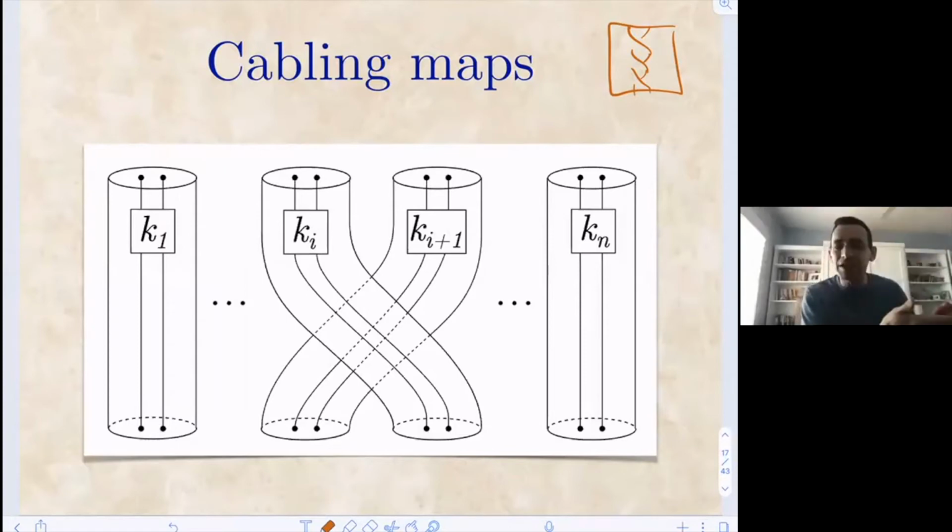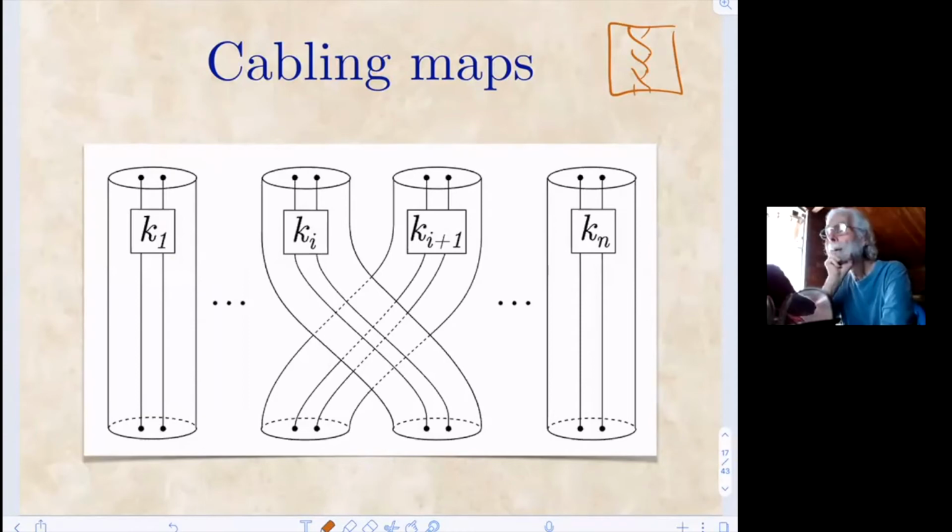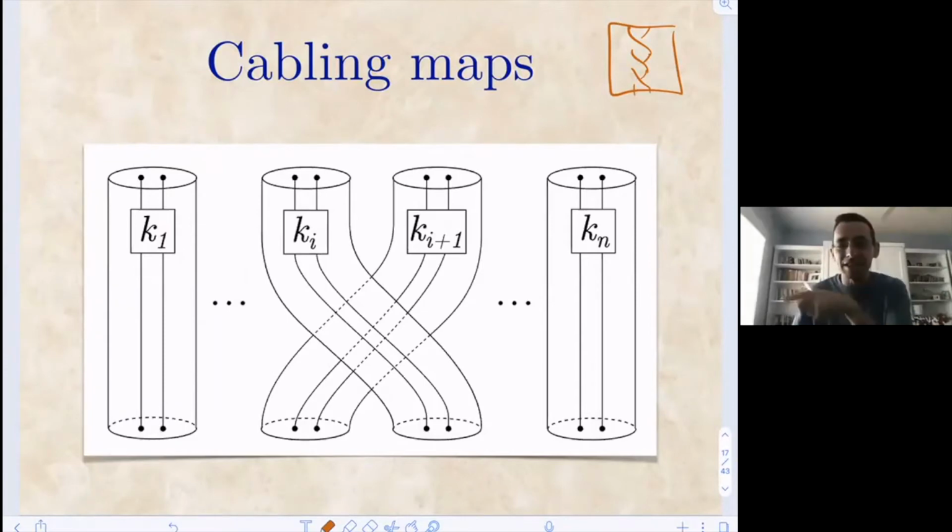But still, you get many more cabling maps by allowing this twisting inside each tube. So the goal with our project is to get a handle on all of these different things you can do.